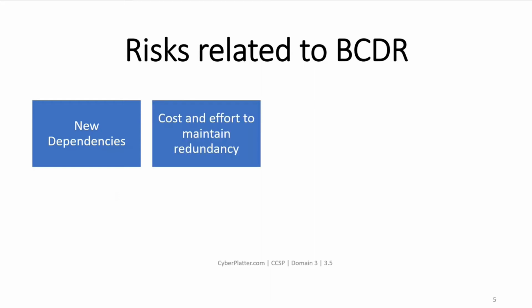Next one is cost and effort to maintain redundancy. Any BCDR plan requires some level of redundancy, which comes with a level of financial and operational risk. If you are operating in a hot configuration, that is active configuration, you will need to ensure that both the primary and the secondary sites are fully staffed, configured and updated at all times.